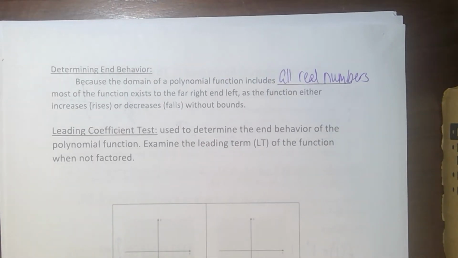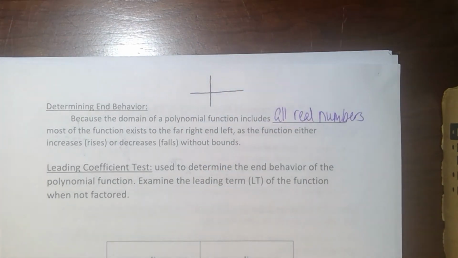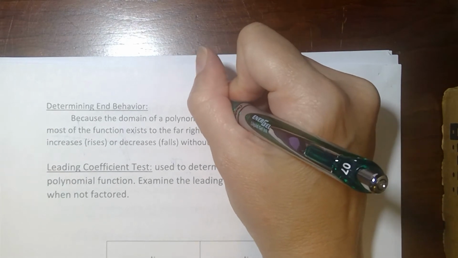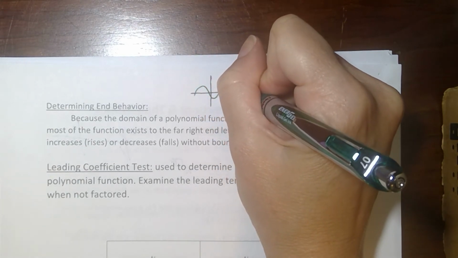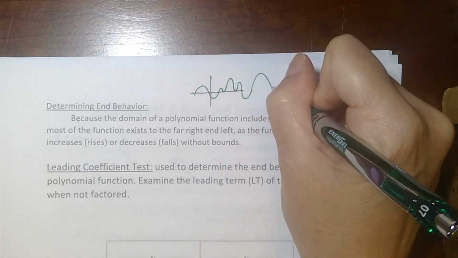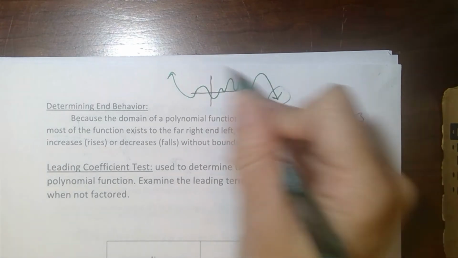I could have some crazy function here, doing all this weird stuff, touching and turning and bouncing around, but eventually it's just going to keep going. And we've got those arrows.